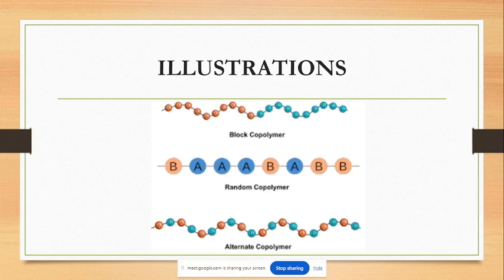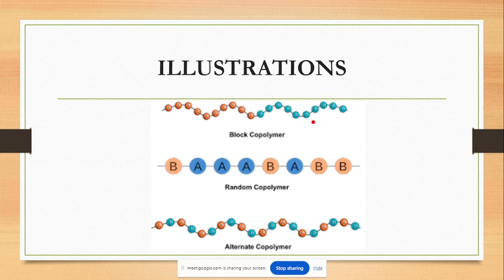So this is an illustration. The first structure that we are seeing is called a block copolymer. If you look at this structure, there are A monomer units that are starting, in orange here. You can see there is a block of A monomer units, and next to it there is a connection of a block of the B monomer units.